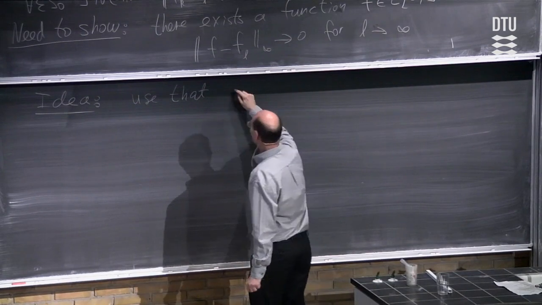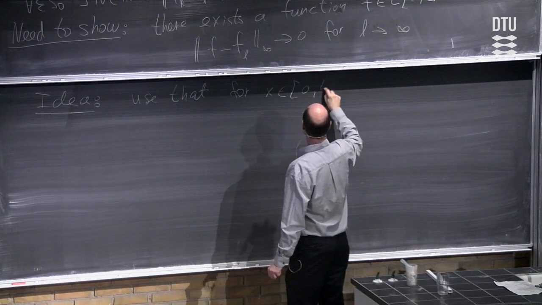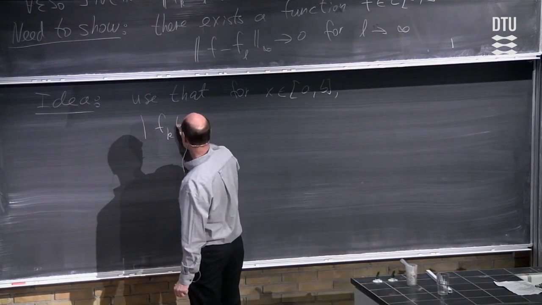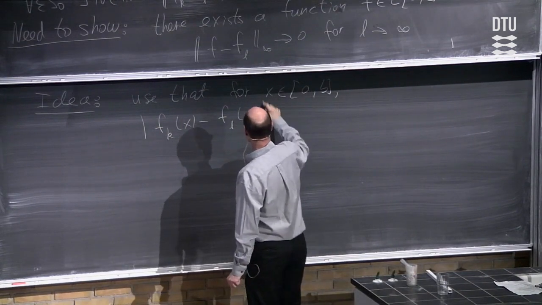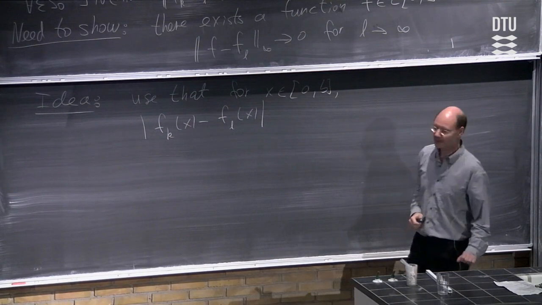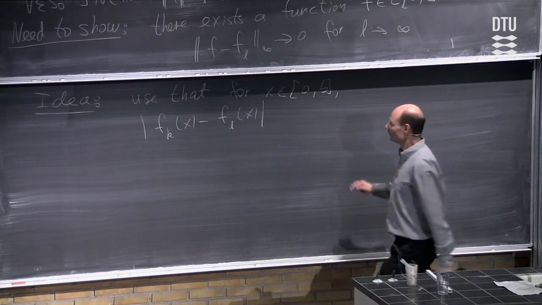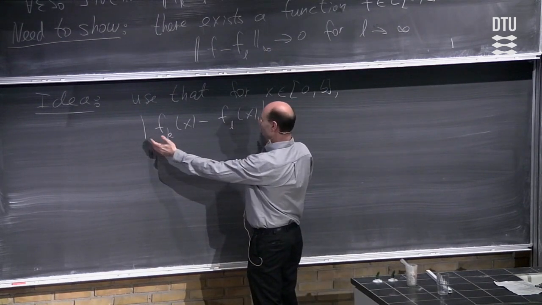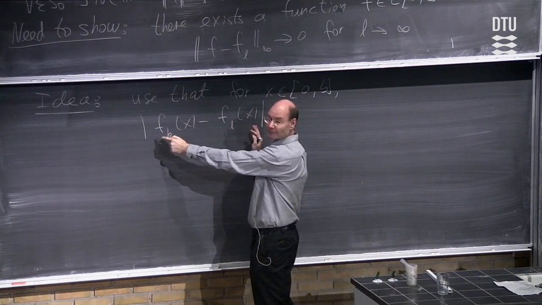So, whenever we take any x, and then we consider the absolute value of fk of x minus fl of x, then we know something about the size of this complex number, because this will always be smaller than or equal to the maximum value over all these function values.